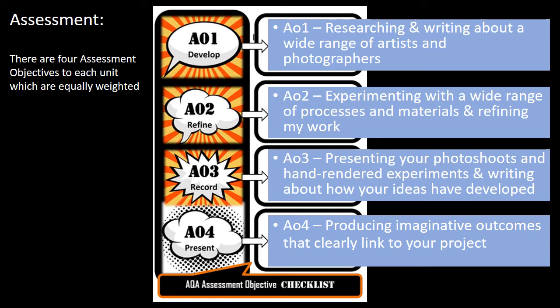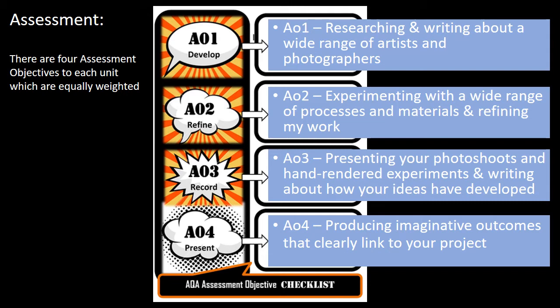AO3, students need to show that they can present all their photo shoots in a contact sheet and present all their hand-rendered experiments and write about their ideas and how their ideas are developing, what they're going to do next. And then AO4, students need to show that they can make a final outcome or outcomes which link to their project.